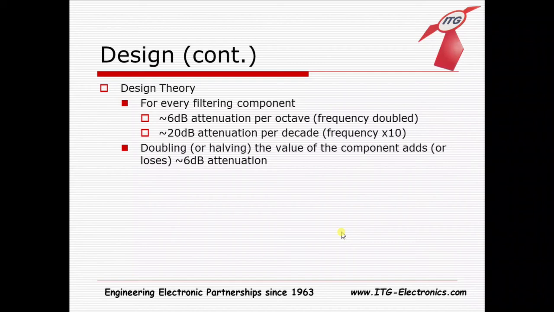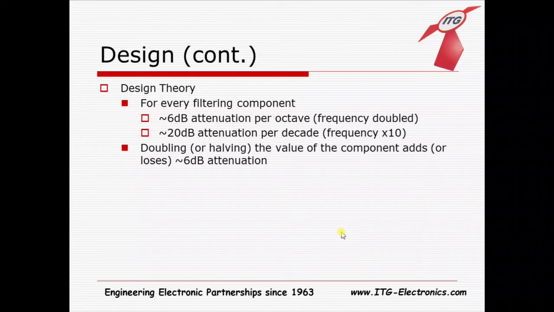So some design theory for every filtering component. So not every component that's in there, but for every component that's filtering the type of noise that you're looking for. As I mentioned, different components from the last slide filter different types of noises, common mode noise, differential mode noise. But anyway, for every filtering component on the type of noise you're looking at, you can expect about 6 dB or decibels of attenuation per octave.